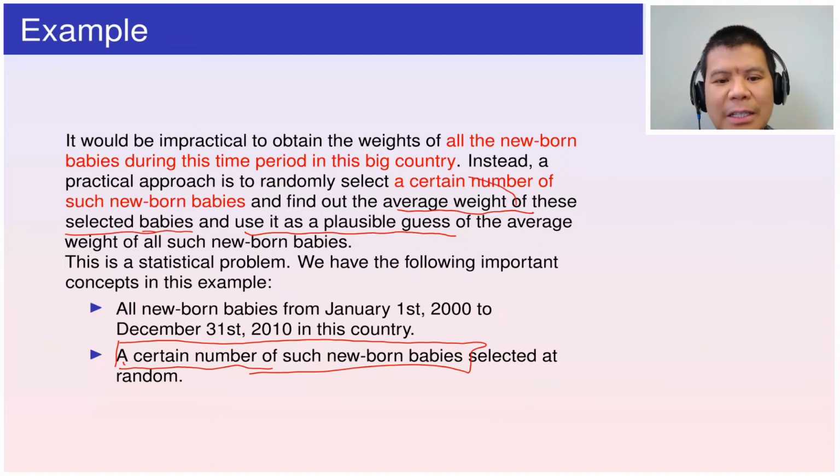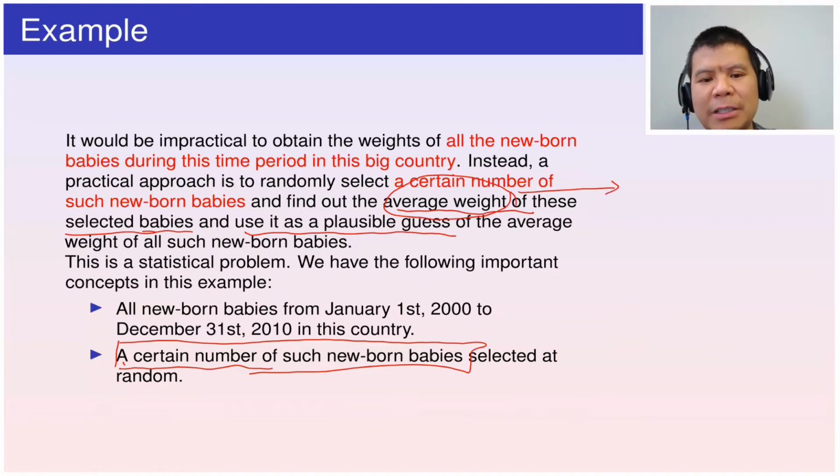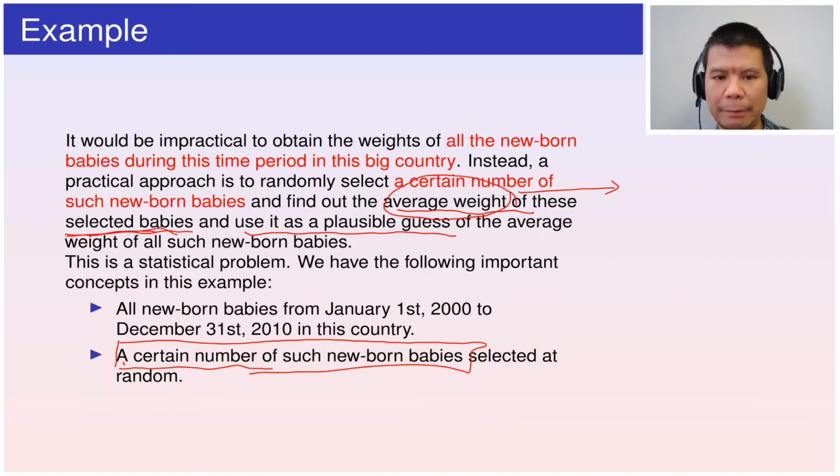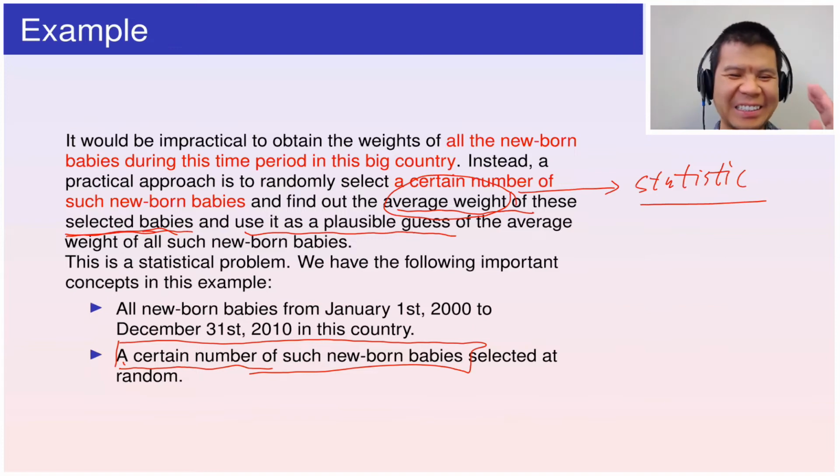This average weight is a numerical measurement about some property of the selected babies, which is a sample. So this average weight here is a statistic. We usually use a well-chosen statistic to estimate the value of a parameter.